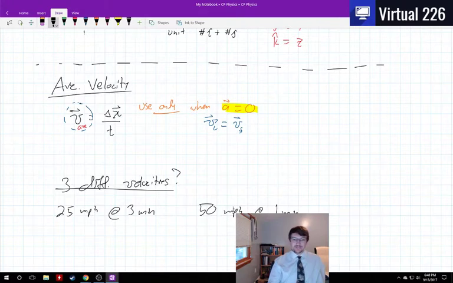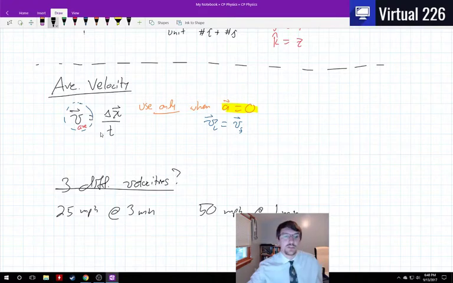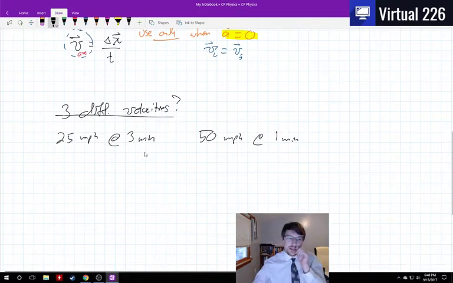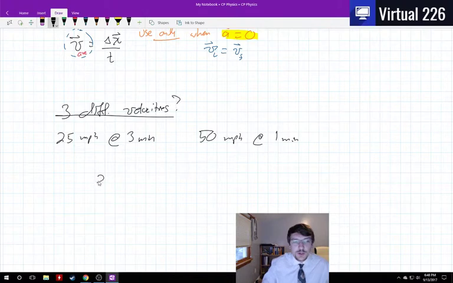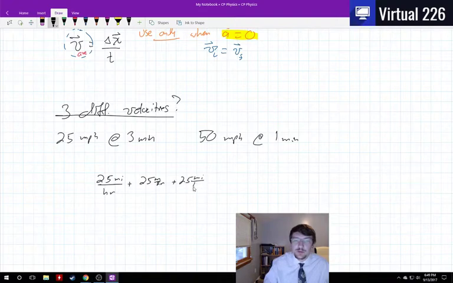That right there, if we are averaging velocities, is going to be a little weird, because essentially what we have here is we have gone 25 miles per hour plus 25 miles per hour plus 25 miles per hour plus 50 miles per hour. So we've got 3 minutes of boom, boom, boom, and 1 minute of this.